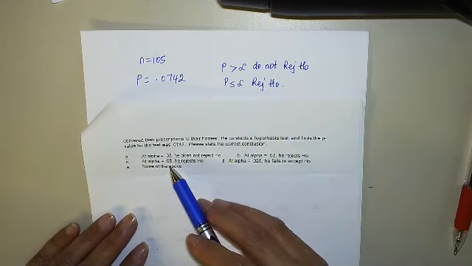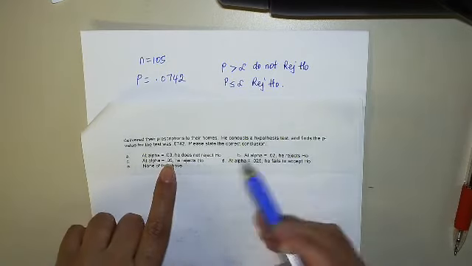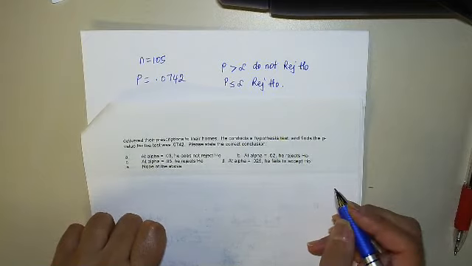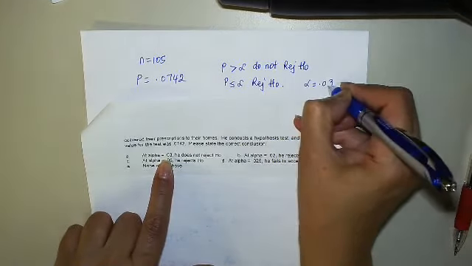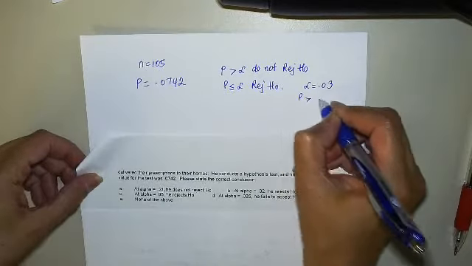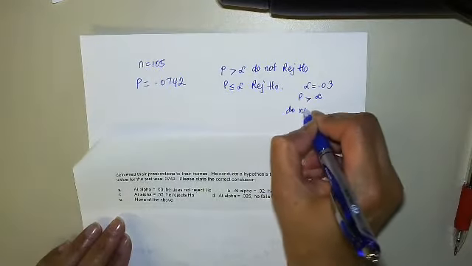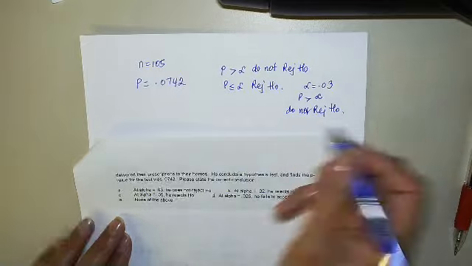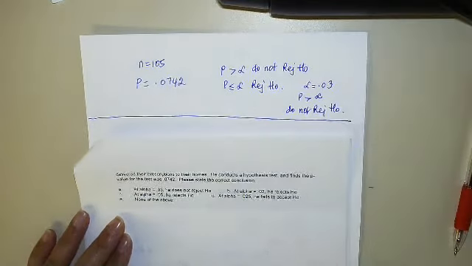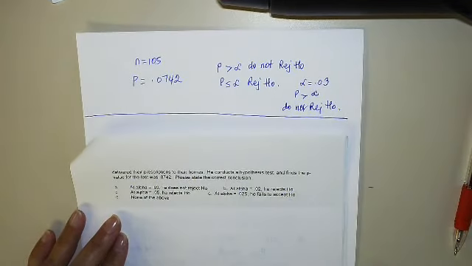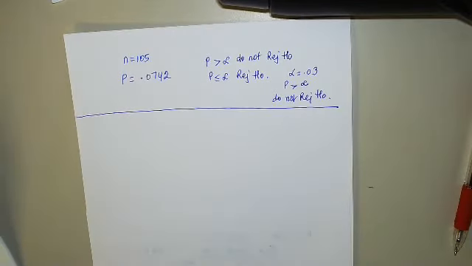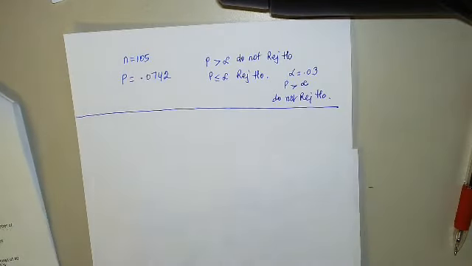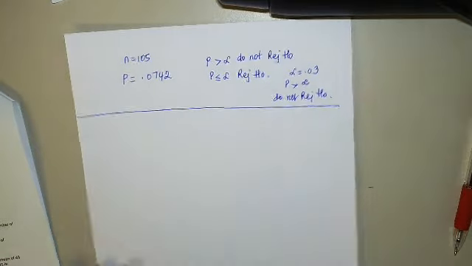So what's the right answer? Yep. If alpha is equal to 0.03, then p is greater than alpha. Do not reject H naught. That's the right answer. Everything else is opposite of what it should be. You got it? Okay.